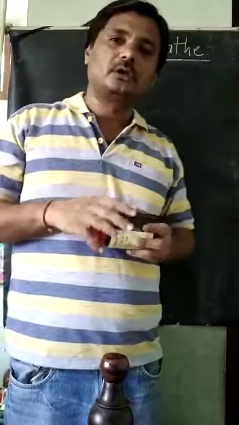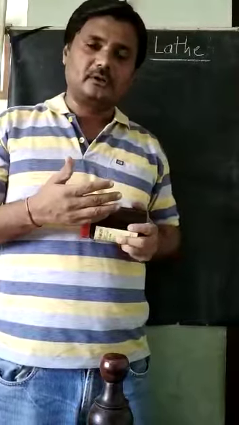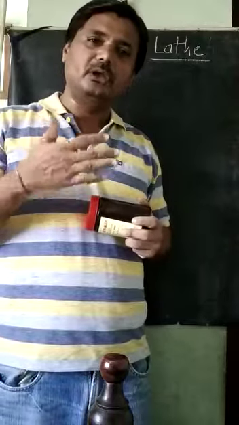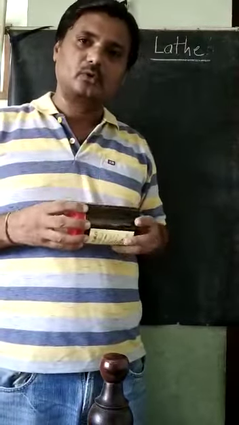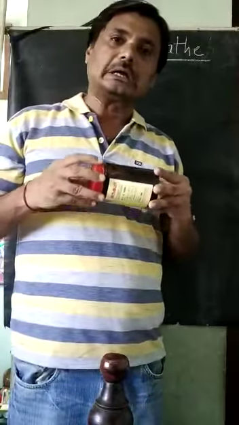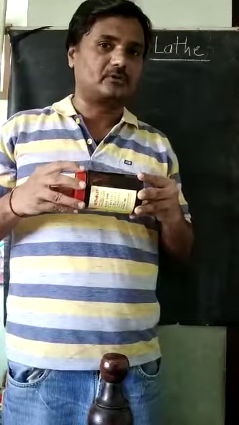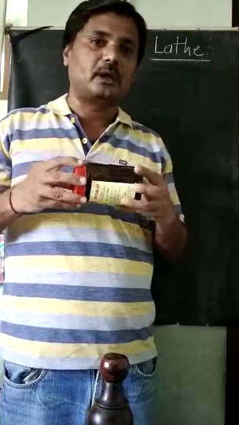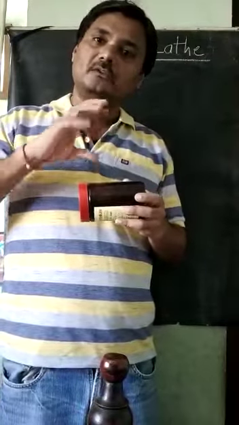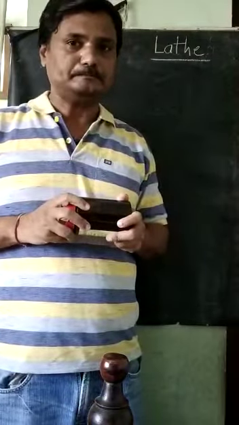Nowadays, in the recent past, the lathe machine has been developed in such a way that it is used to cut metal cylindrical objects, making required shapes and operations on them.